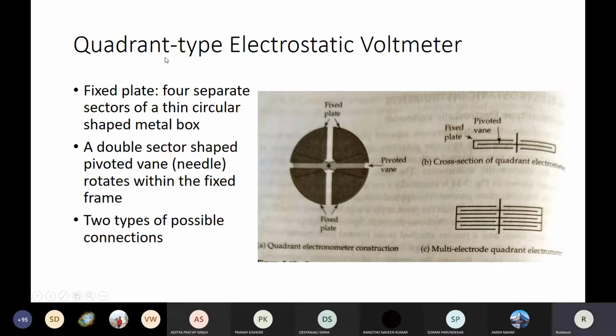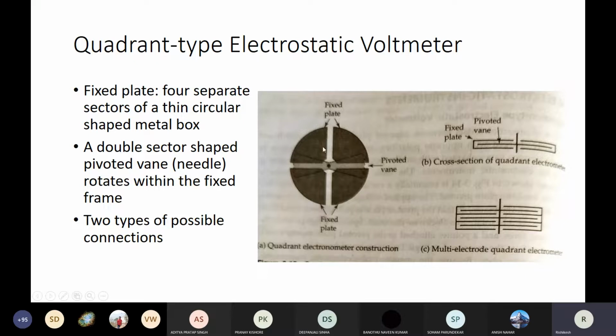Now, the construction of the quadrant type electrostatic voltmeter is such that you can imagine a circular metal box, a bigger box, and similar to a pizza, let's say you cut it into 4 parts, which is shown here. That's why it is called a quadrant type electrostatic voltmeter.